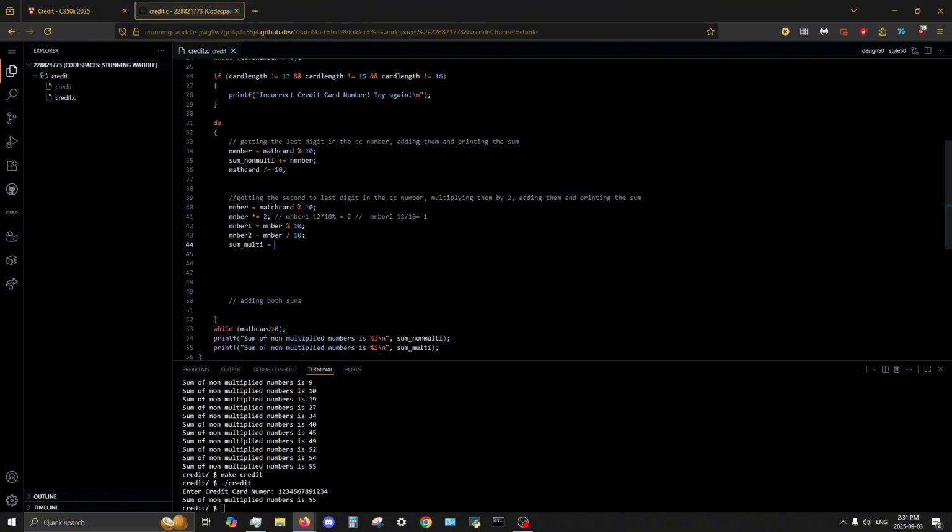I need to add it over there, so sum underscore multi plus, so I'm not adding 12, I'm adding 2 and 1. Well, I should have flipped this around so it goes 1 and 2, but then multiplied number 1 plus multiplied number 2. Right?